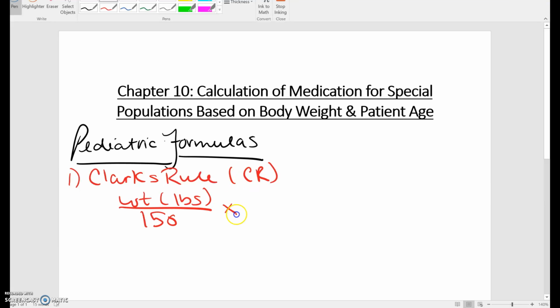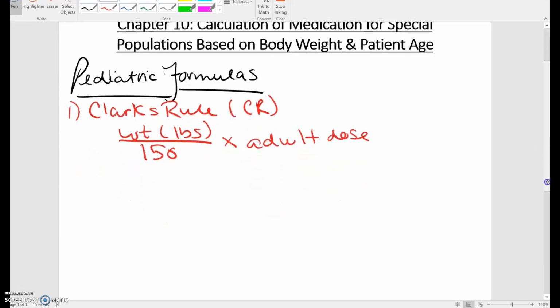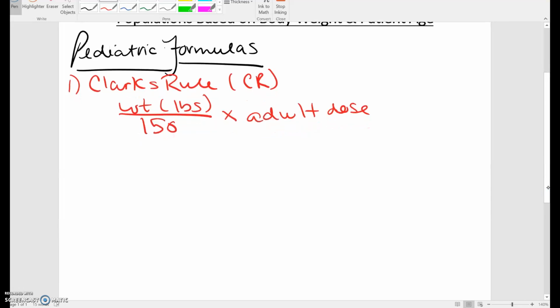And then you're going to multiply that by the adult dose. Okay, I'm going to do some problems for each of these so you can see how we will solve it. This formula for the Clark's rule is actually in detail on page 350. You'll see why I say the book skips over.